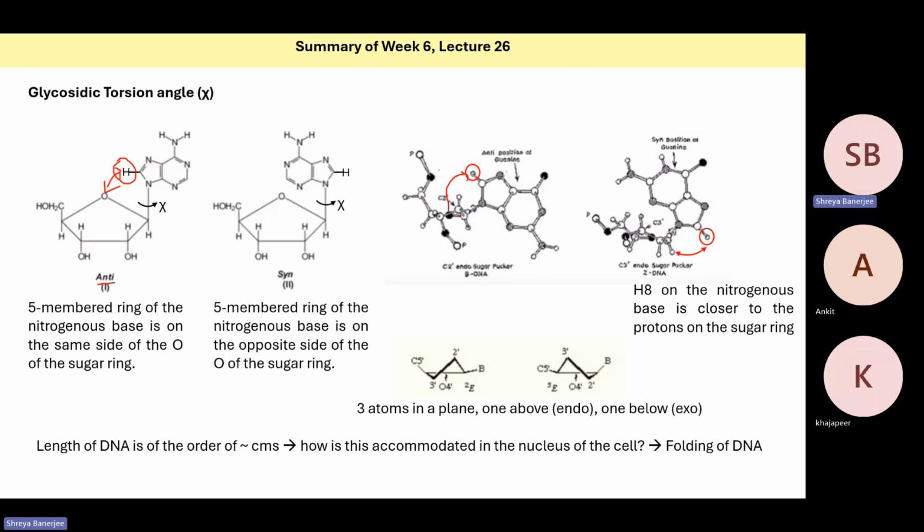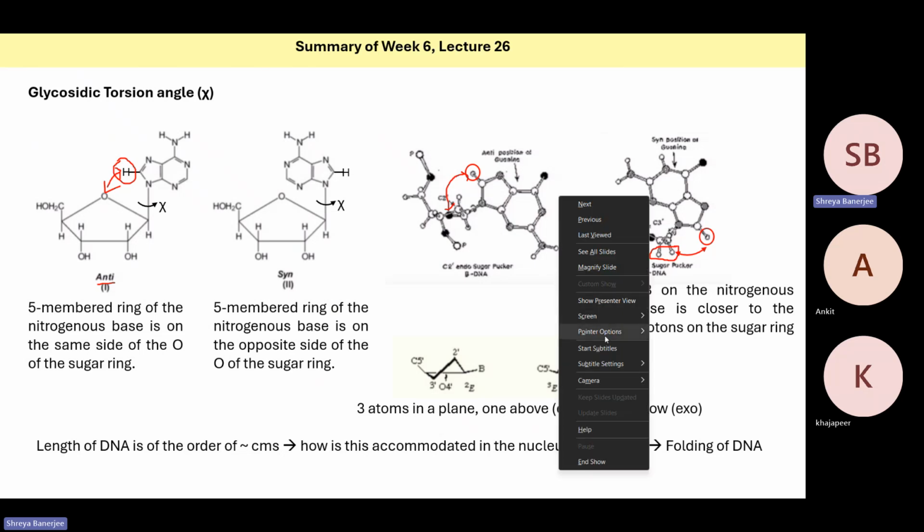That is your anti-conformation. And if it is comparatively far away, that is your syn conformation, where the hydrogen is now pointing away. Now in the syn conformation, the hydrogen actually comes close to these protons on the sugar ring. So here there can be some interactions.